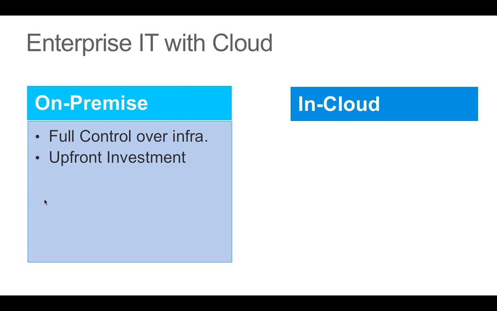This calls for upfront investments, and those are the cycles where every time there are new infrastructure needs, you go through the budgets and approval cycles and capital expenditure and so on. Another important aspect in on-premise thinking is that you always plan your capacity with peak in mind.